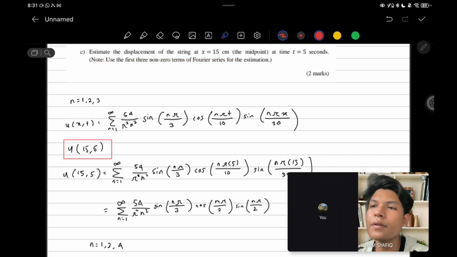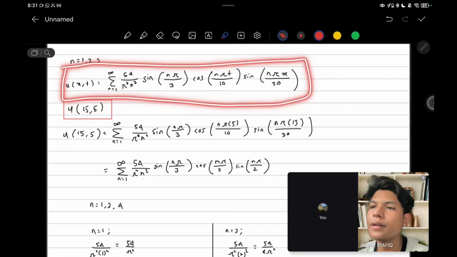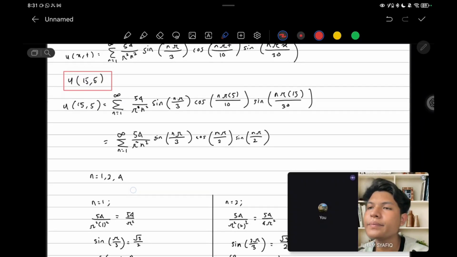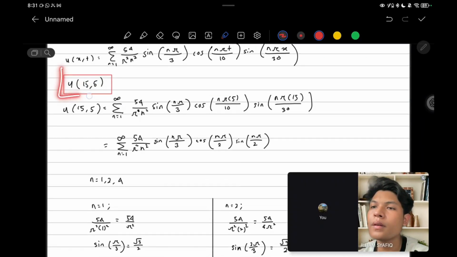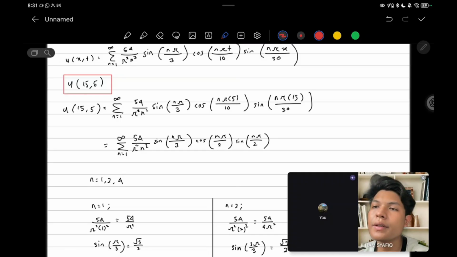So first, we assume that n equals 1, 2, and 3. For this equation, we get it from question 2b. Then the question wants us to substitute the x and t, and we get this.